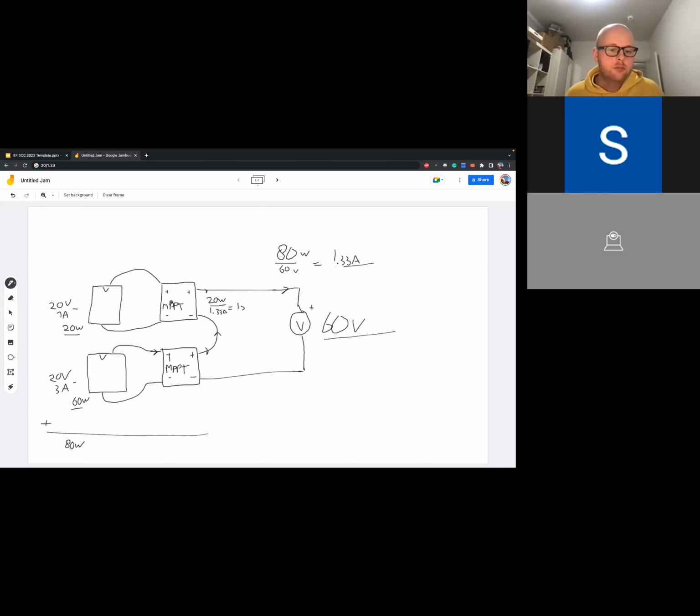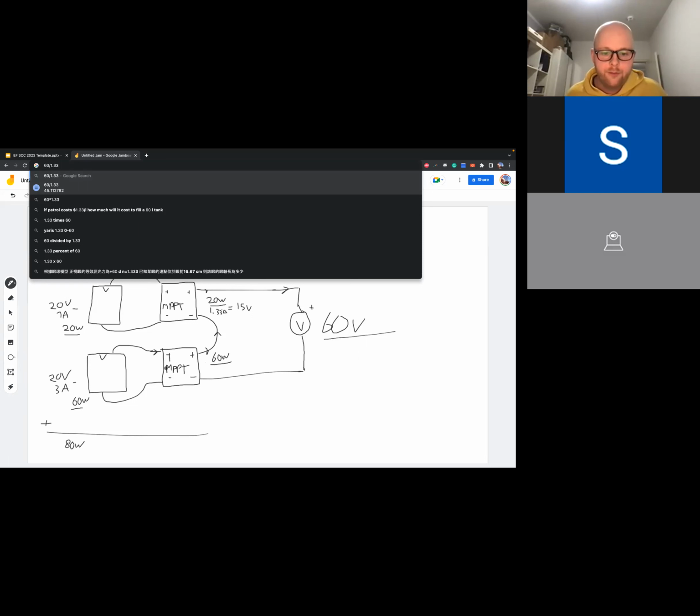Now the bottom one, you get an input power of 60 watts. So the output power also becomes 60 watt if it's approximately 100% efficient. And then because you already know the output current is 1.33, the voltage there becomes 60 divided by 1.33, which is 45 volts.